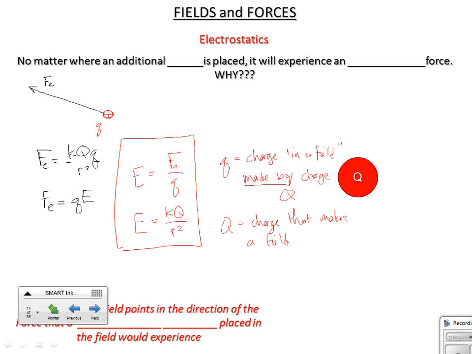Now, don't all charges make fields? Of course they do. But the question is, do we want to talk about this q that's being affected by a field that something else made, or do we want to talk about this Q that makes a field? That's going to come with some experience solving some problems.